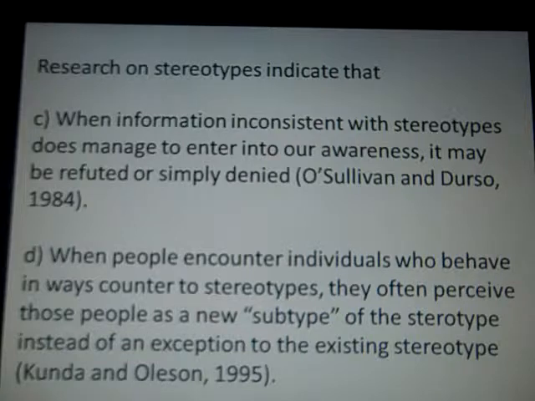Also, when we encounter people who behave in ways that go against stereotypes, instead of dismissing the stereotype, we often perceive this as a new subtype of that stereotype, instead of making an exception to the existing stereotype. So these stereotypes and prejudices are very strong and very firmly rooted within our way of thinking.